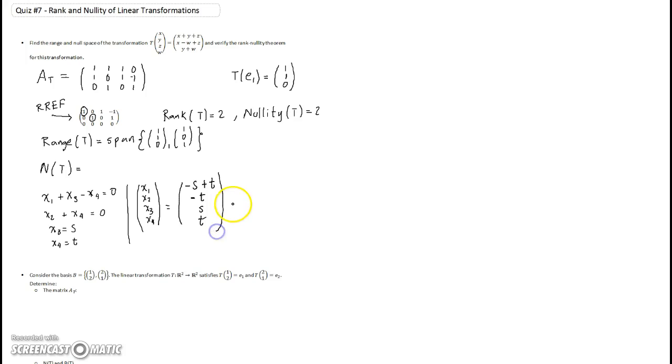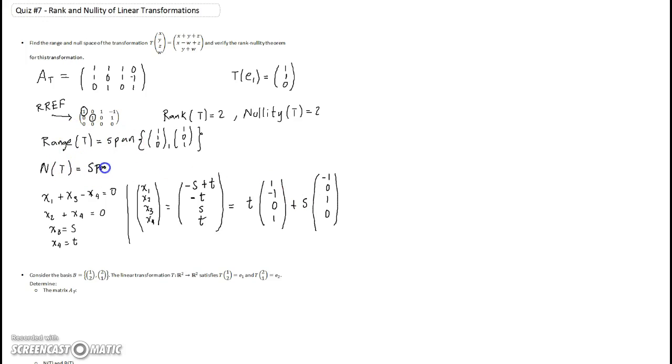So I can write this as the linear combination of the vectors 1, -1, 0, 1, and the one that has s is going to be -1, 0, 1, 0. And these two vectors are going to span my null space or kernel.